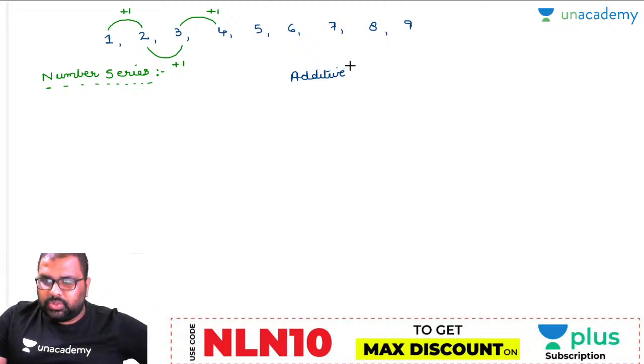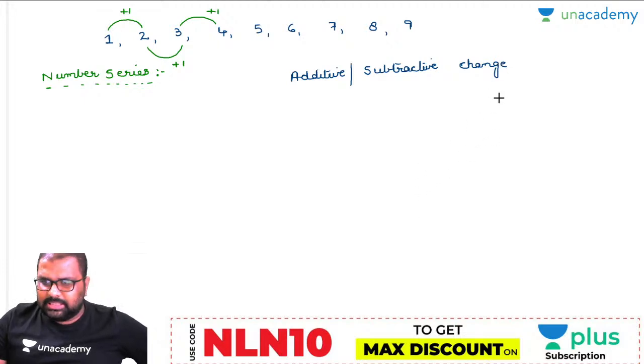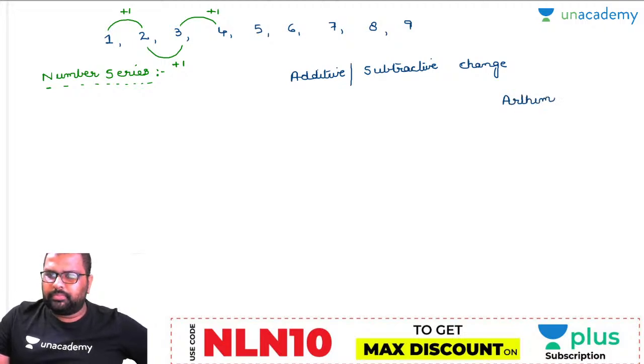Am I right? So if there is an additive change or subtractive change between the given numbers in the series, then that type of numbers are called, can anybody say what type of series this is? Is this arithmetic progression? Please let me know, yes or no. Yes, this is arithmetic progression. Am I right or wrong?